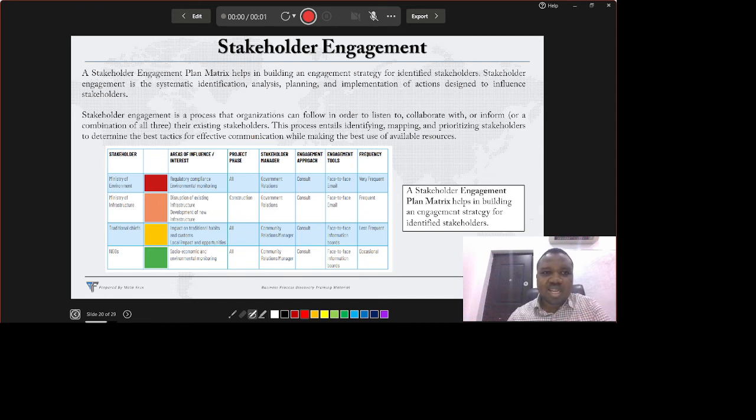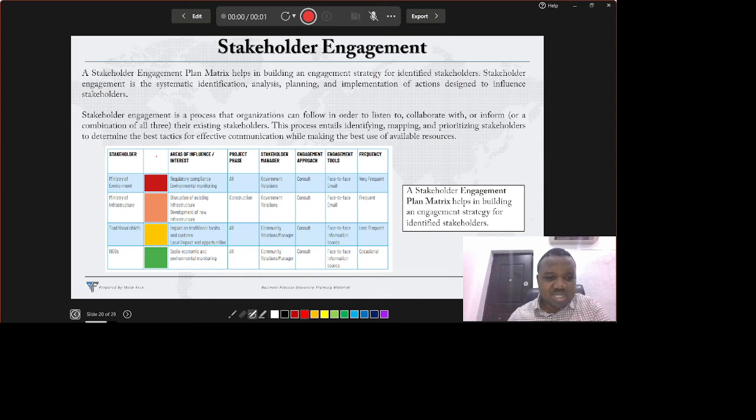Like I said, you need to analyze them, interact with them, identify them, and obviously, you then need to engage. The engagement plan matrix helps you in building an engagement strategy for identified stakeholders.